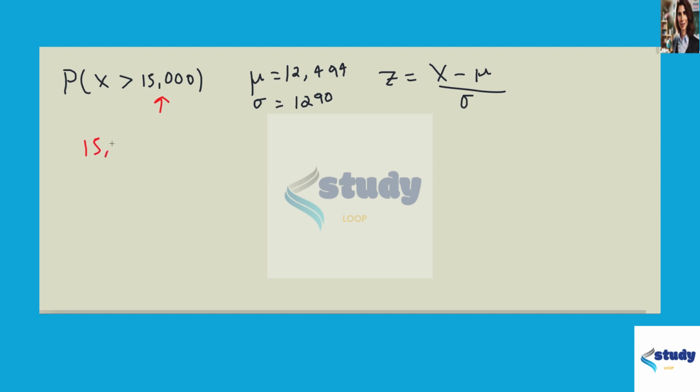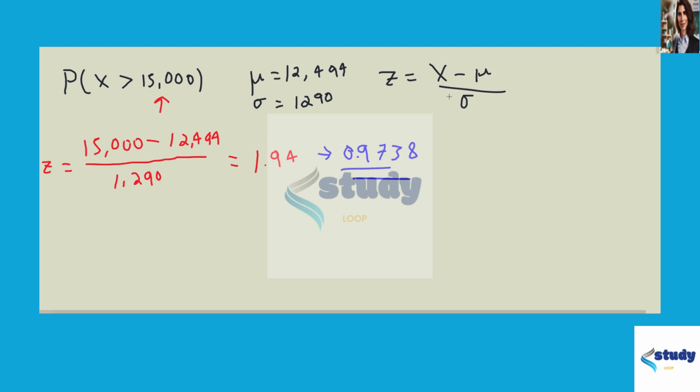Plug that in as x, 15,000 minus 12,494 over 1,290 is equal to 1.94. And if you look at our z table, that has a corresponding probability of 0.9738.